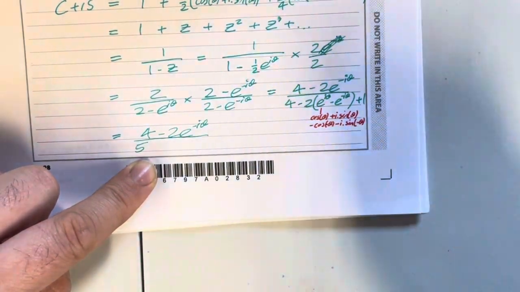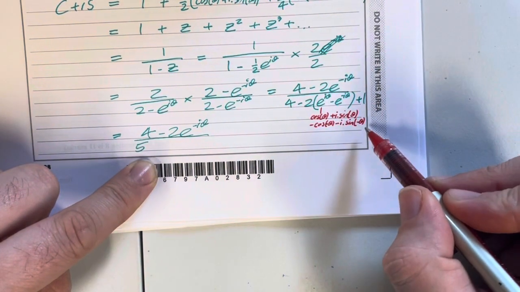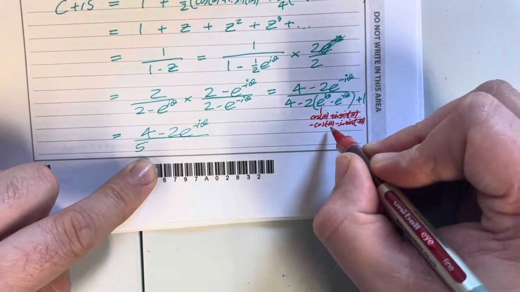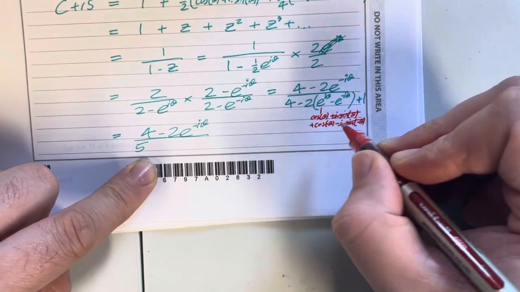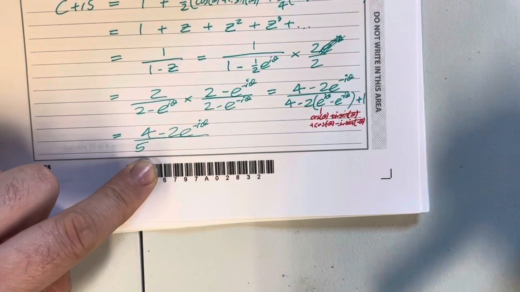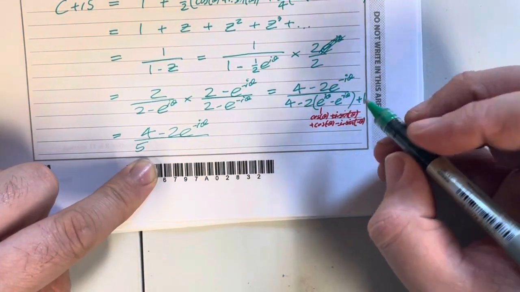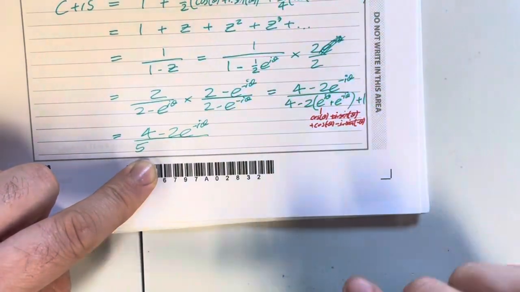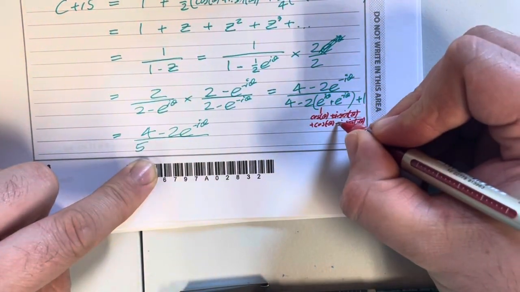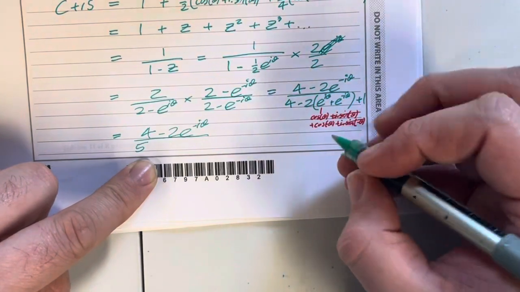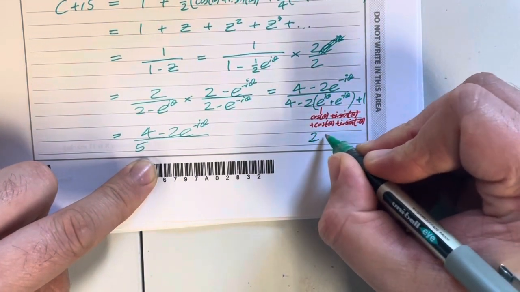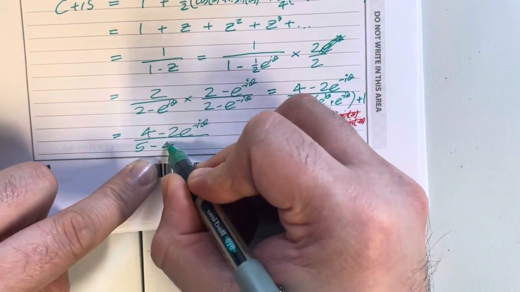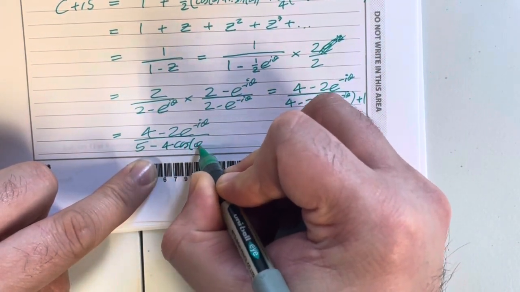But those two will cancel, so the sines will cancel out, and we're left with these two cosines adding together. So that actually will become 2 times the cosine of theta. So therefore that's 5 minus 4 times the cosine of theta.